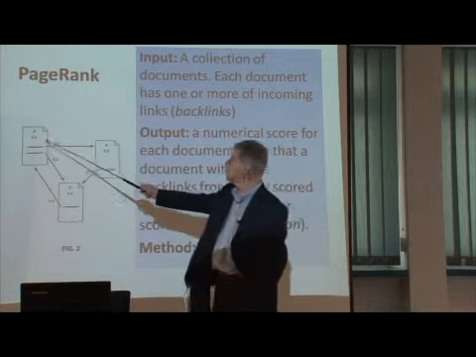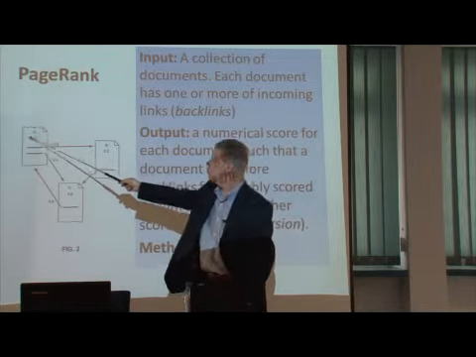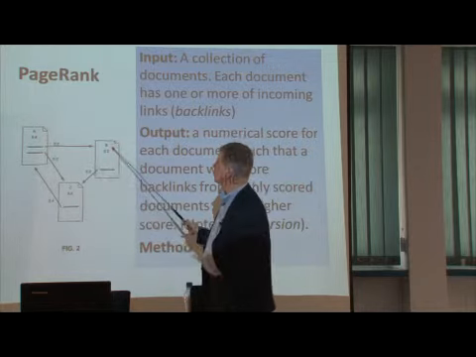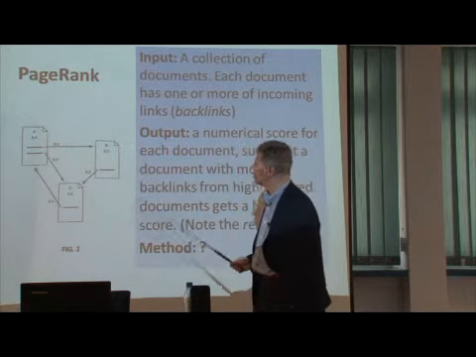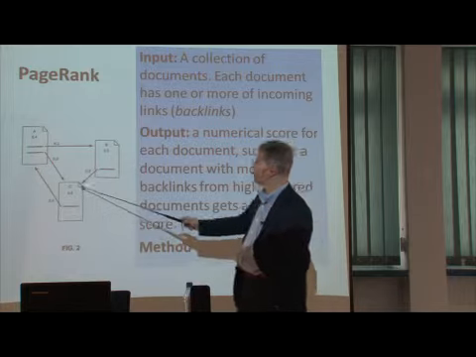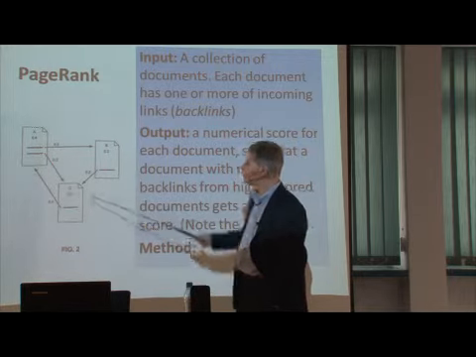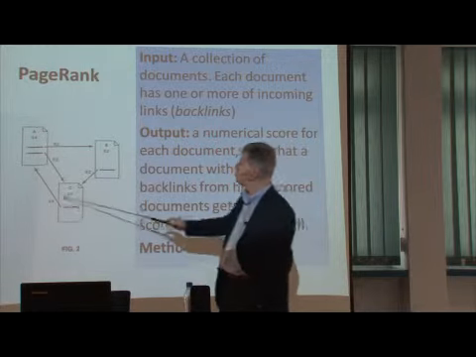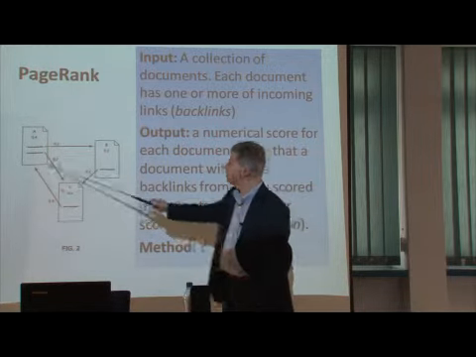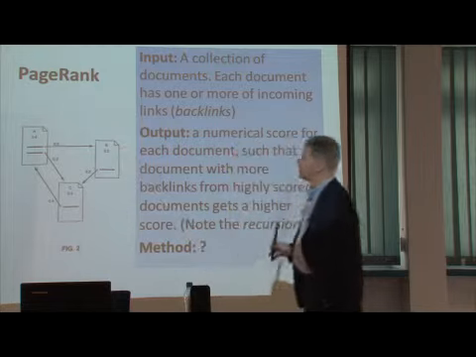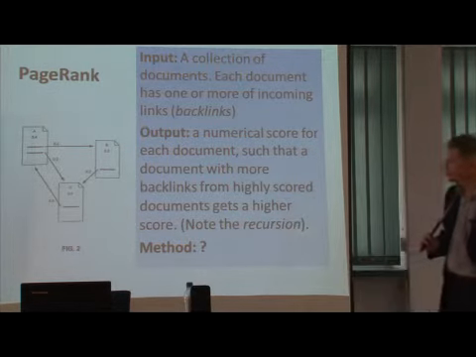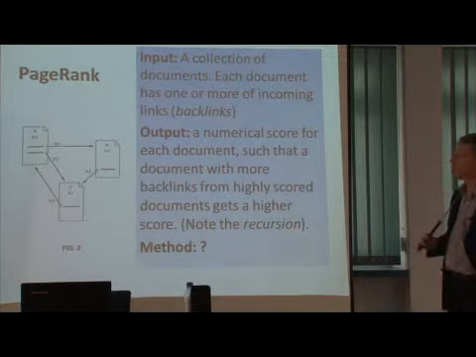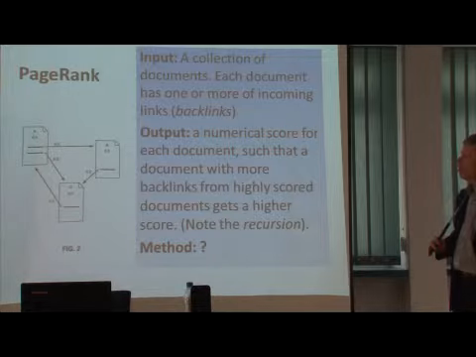Document A would have a page rank of 0.4, document B would have a page rank of 0.2, document C would have a page rank of 0.4. All right? Now, how do we arrive at this particular assignment of numbers? Well, we're going to discuss some of the algorithms for doing so.